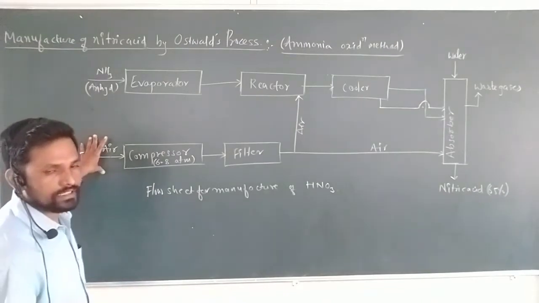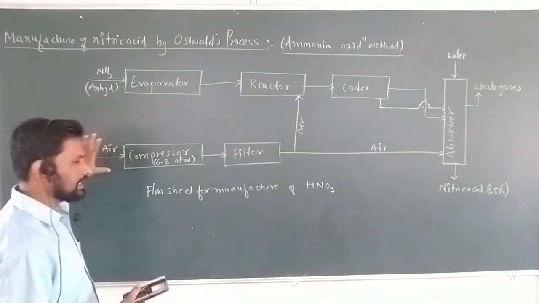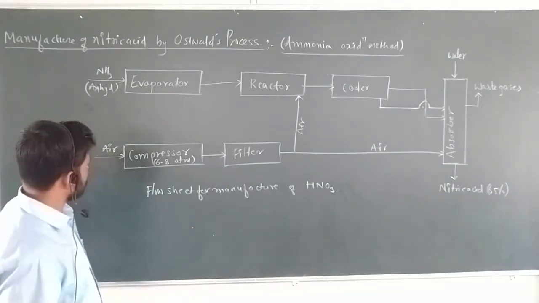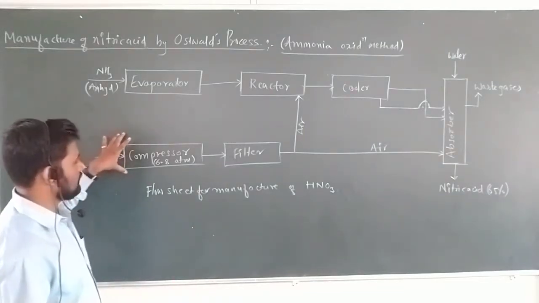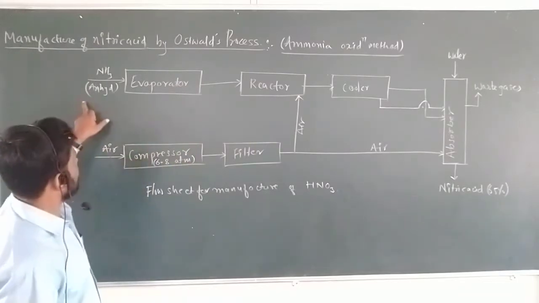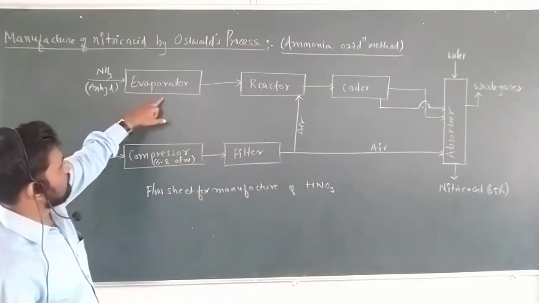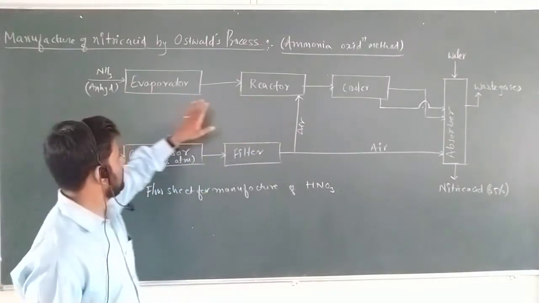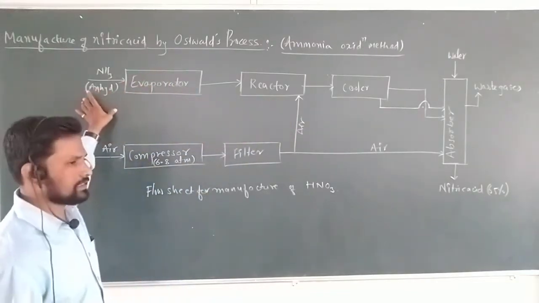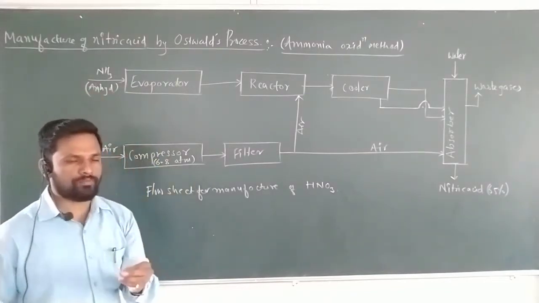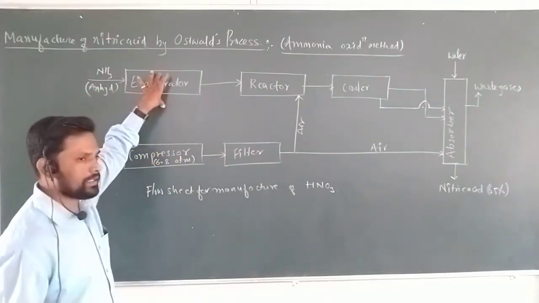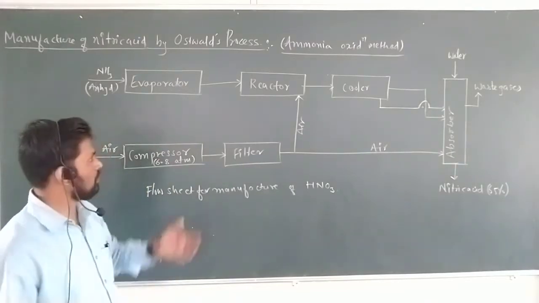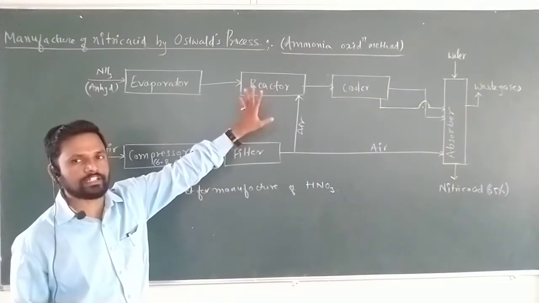Air is the oxidizing agent, taken from open air, and it is also passed at the other end. The pure anhydrous ammonia is sent towards the evaporator, where the vapors, the gaseous form of ammonia, are formed and sent toward the reactor, where the actual reaction takes place.